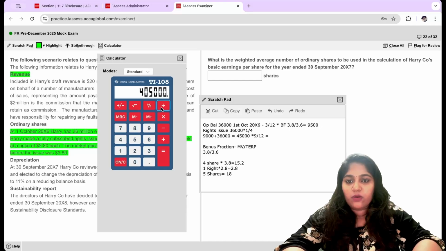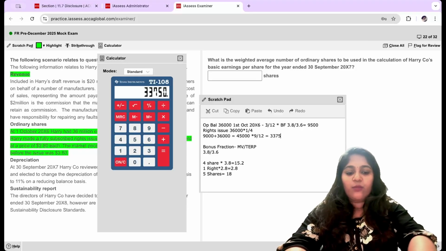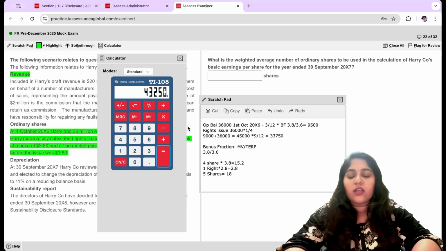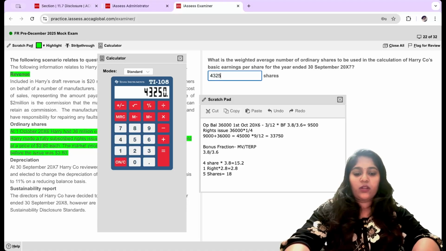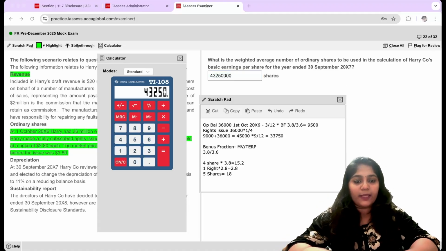That gives a value of 33,750. So if I add both of them, my total weighted average number of shares will be how much, guys? 43,250,000 shares. 43,250 plus 3 zeros shares. That should be my answer.